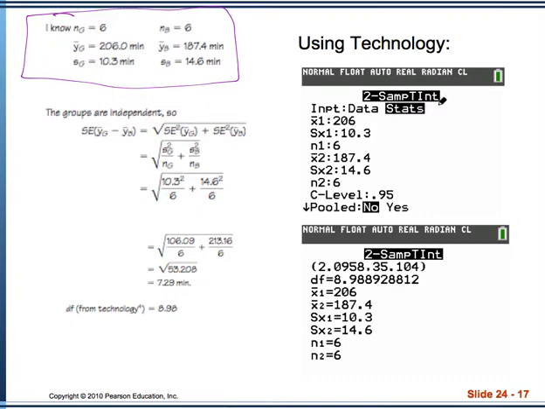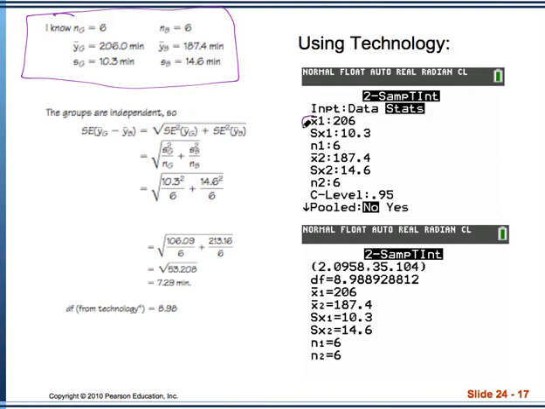There's also 2 sample t tests, but we want 2 sample t interval, I'm sorry. Okay. All right, so the difference between data and stats: if you have the data in the lists, then you would click on data and make sure that's highlighted because the calculator will then use the data from the lists. If you just have the stats, that's what I did for this example. I had the stats and then I inputted all of this information.